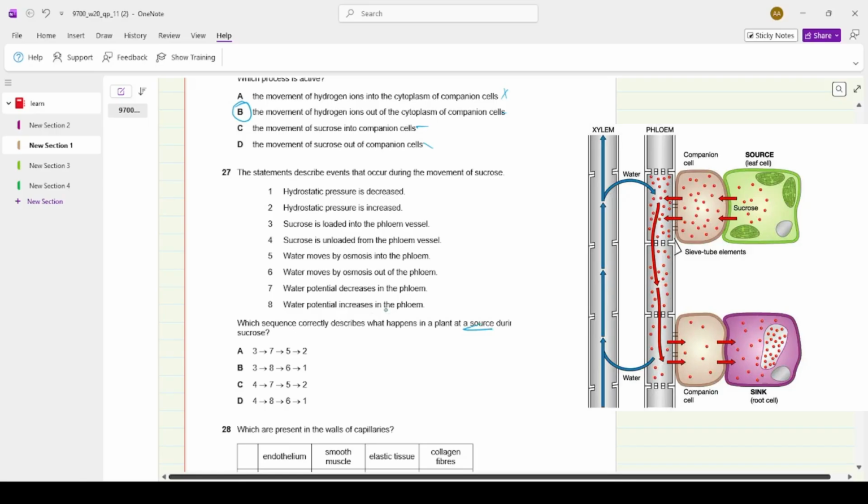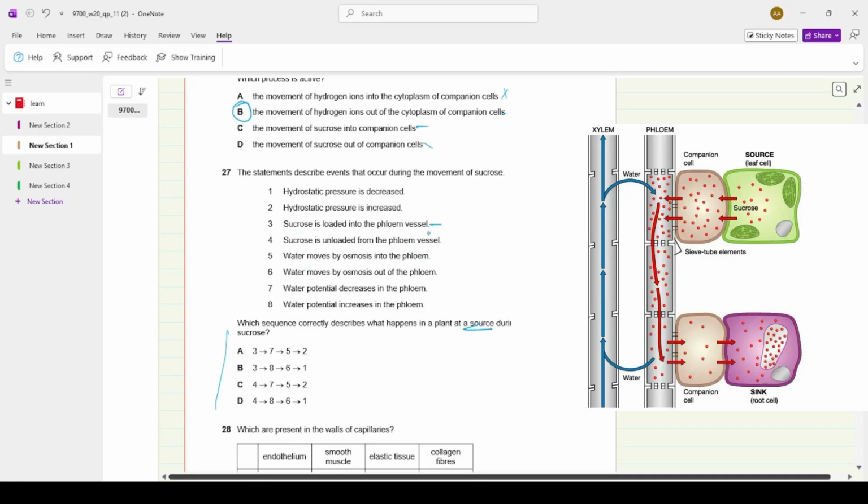So at the source, the statements we are having: hydrostatic pressure decreased, hydrostatic pressure increased, sucrose is loaded. Okay, those are the statements. So when we check on the options, then we can try to verify. On A, they are saying the first one is 3, that is sucrose is loaded into the phloem vessel. Okay, so we know once this happens, what follows?